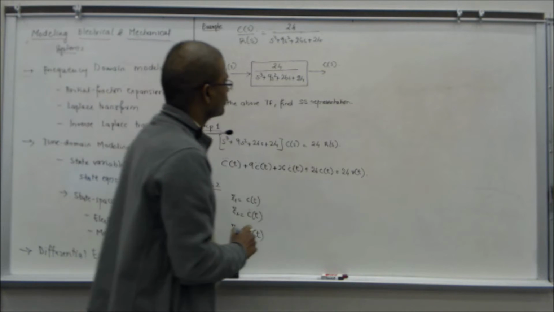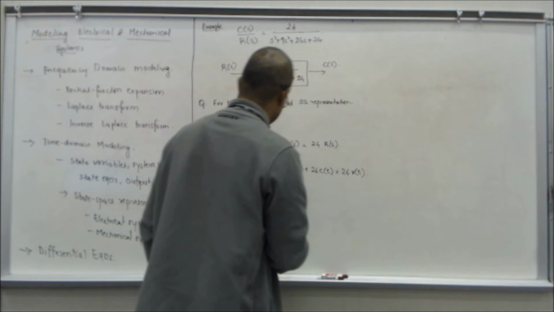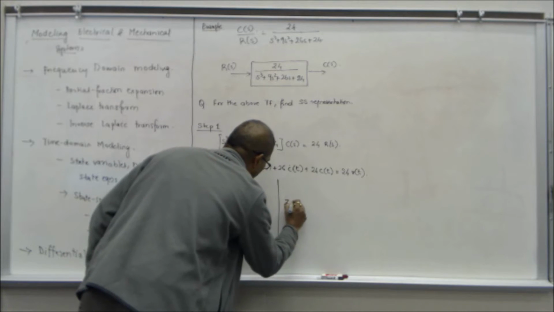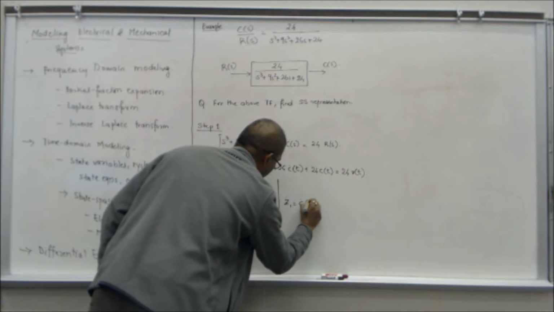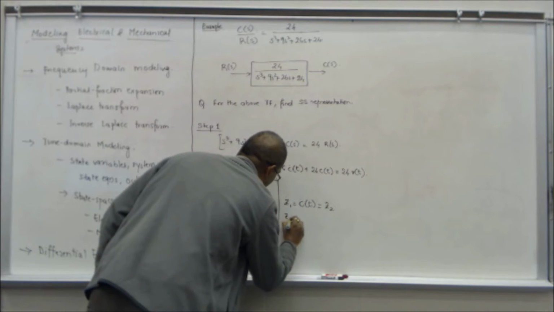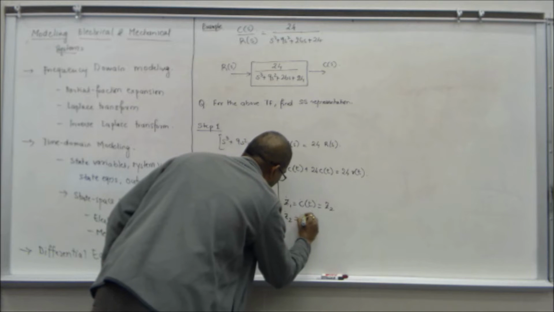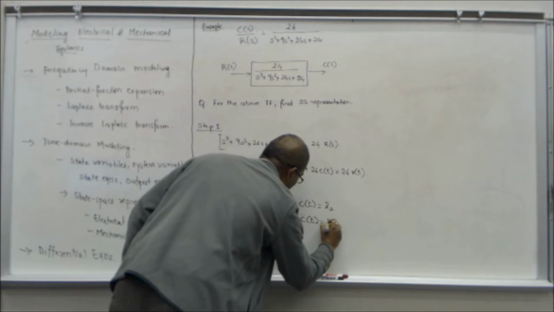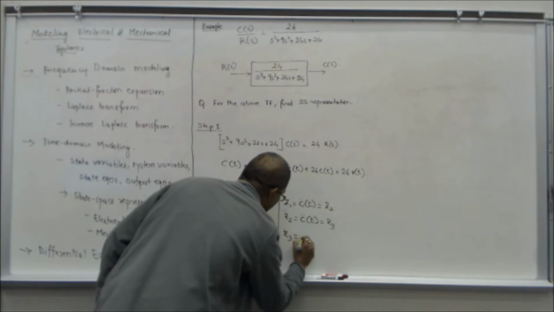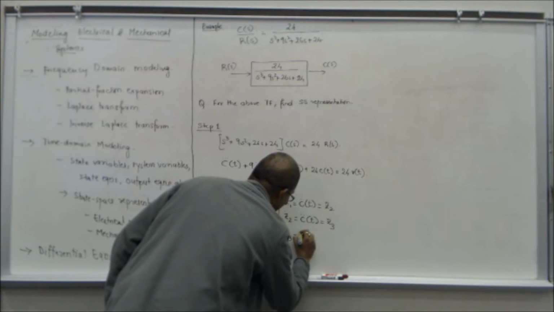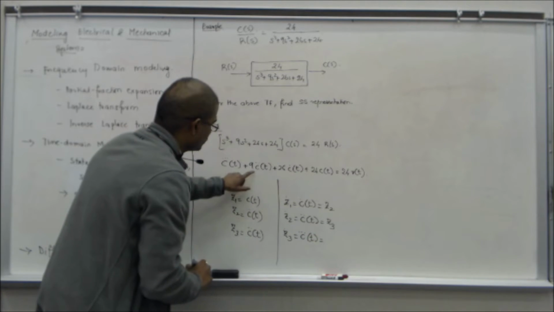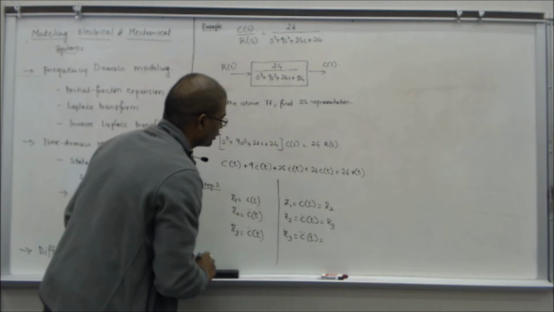Your state equations would be something like this. Z1 dot is equal to C dot of t, which is Z2. Z2 dot is equal to C double dot of t, which is equal to Z3. And Z3 dot is equal to C triple dot, which is equal to, so I'm going to extract this.